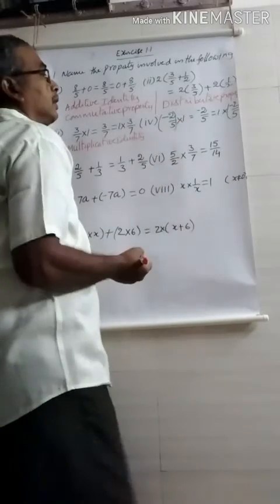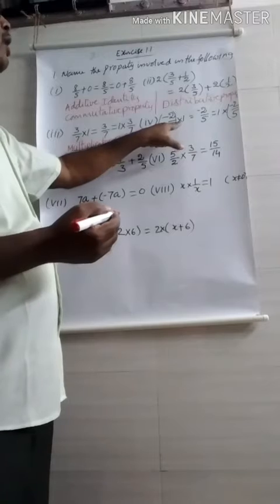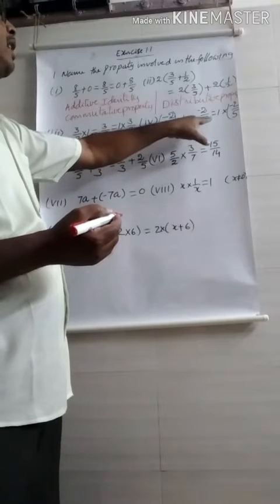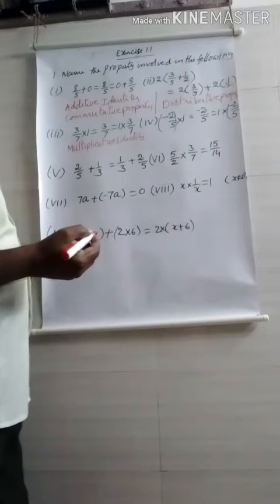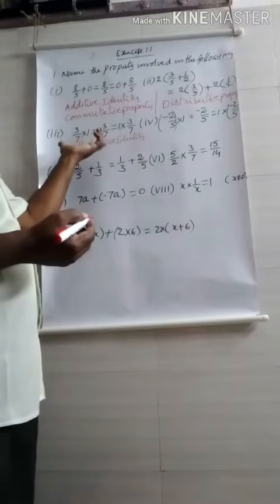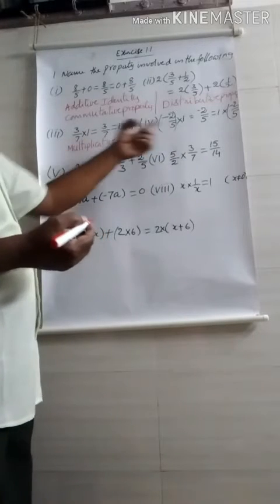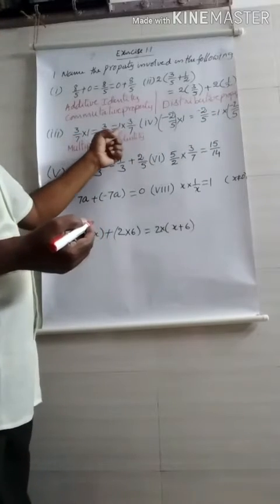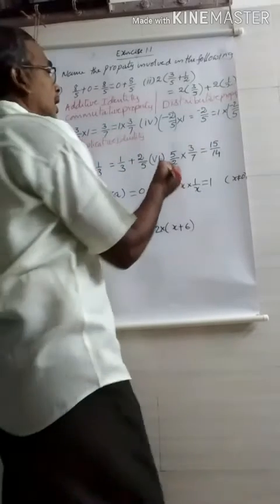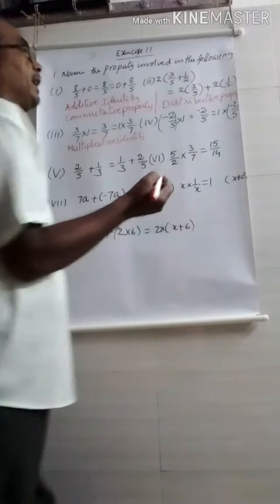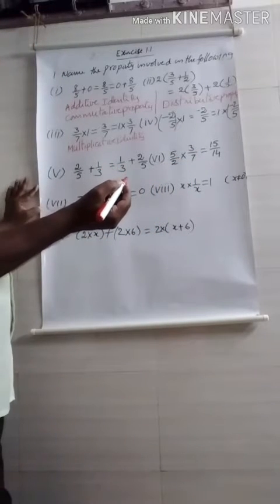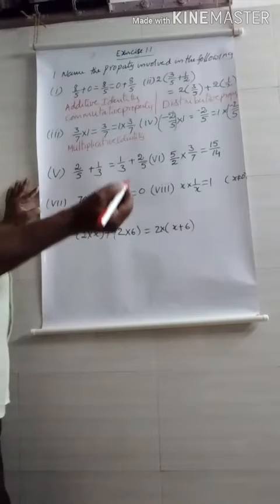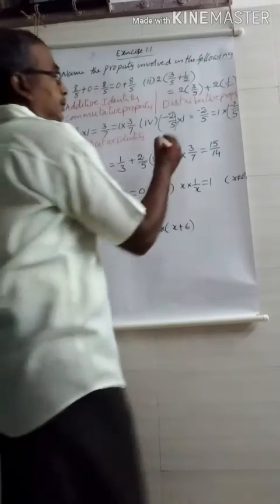Here in the fourth one, minus 2/5 into 1 is equal to minus 2/5. That equal to 1 into minus 2/5. What you observe, both are similar. Here into 1, here also 1 into. So this also represents multiplicative identity, or otherwise commutative under multiplication.